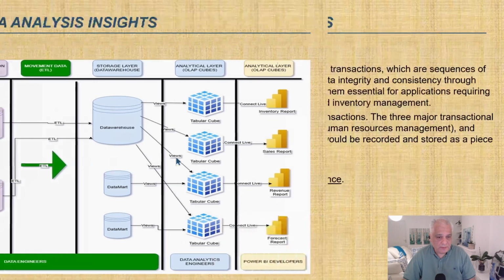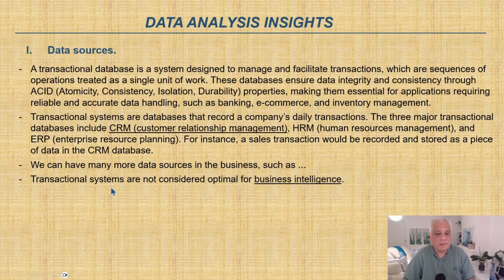source types. However, transactional systems are not considered optimal for business intelligence. What this means is we have recorded the daily operations, such as sales. So we have records every day. We have many sales. Inside the CRM, we can have the different customers, the sales, the suppliers, the employees.